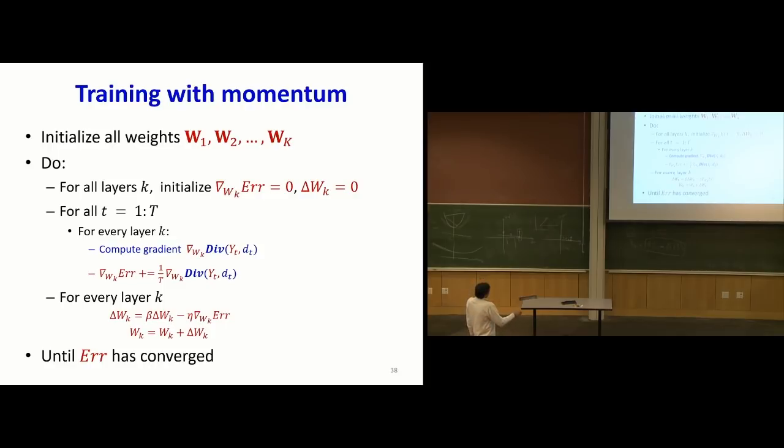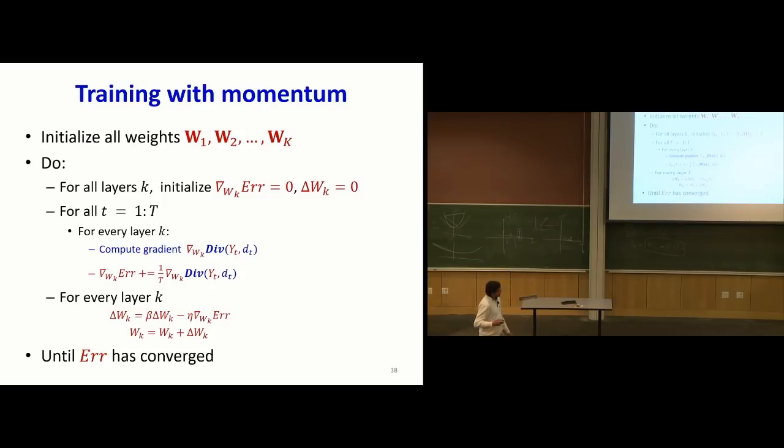I'm going to keep track of the gradient, but then the actual step that I take is going to be a weighted combination of the step at the previous iteration, minus the current gradient. And this is what I'm actually going to be using to adjust my current set of parameters. Here, k is not the iteration number, k is the layer, which is different from what I have over here, just to clarify, right? So you see the difference between the momentum method and the gradient.